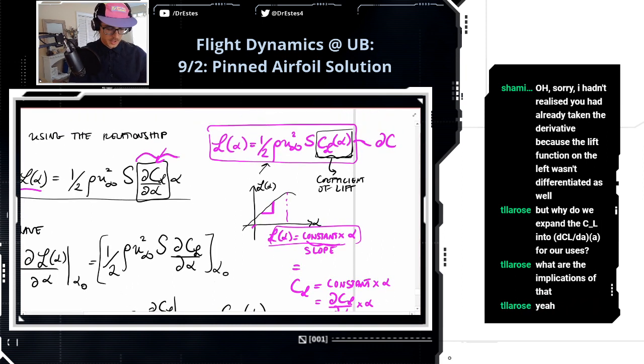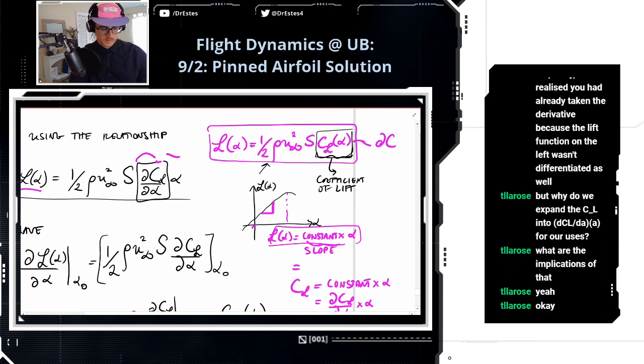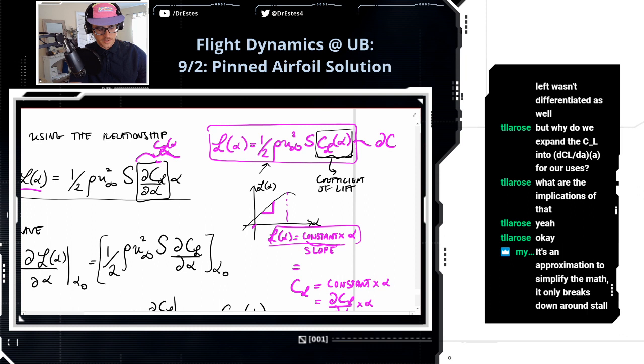So yeah, this right here, I'm sorry, I'm probably explaining this in the most roundabout way, but this term right here is the coefficient of lift. Yeah, it's just an approximation to simplify the math. It breaks down around stall. Thank you, miracle. You're a miracle.